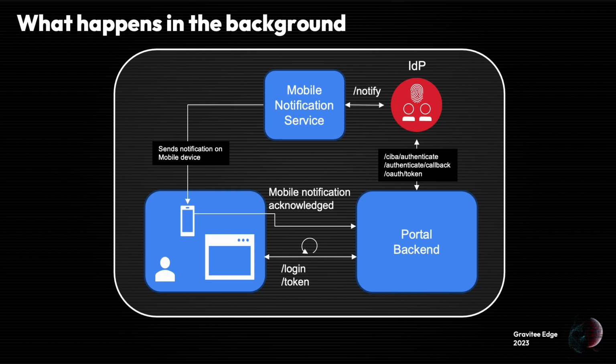The portal backend, after receiving the mobile notification acknowledgement, calls CIBA authenticate callback on the IDP with the TID and state parameter. And subsequently, when the OAuth token endpoint is called on the IDP, it will return the access token for the user.